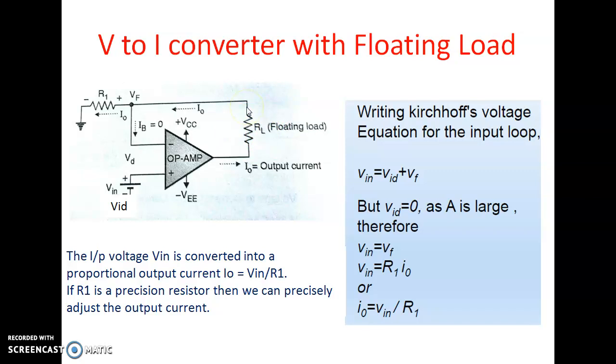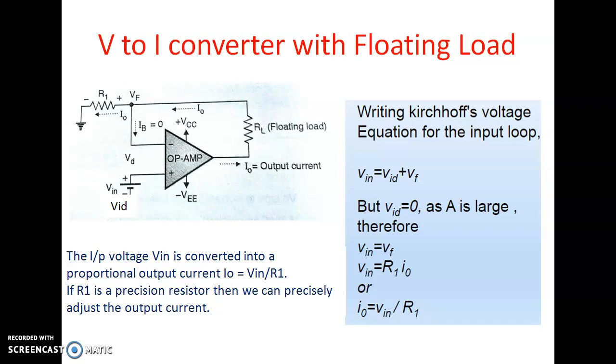The input voltage is applied to the non-inverting terminal of the operational amplifier. Load resistance RL is connected in place of the feedback resistor RF, the same way as in a conventional non-inverting amplifier, and this circuit is called a current series negative feedback amplifier.